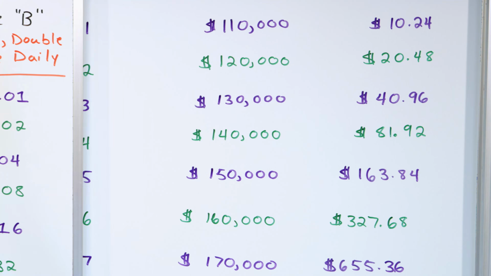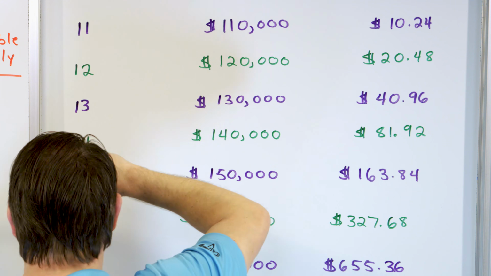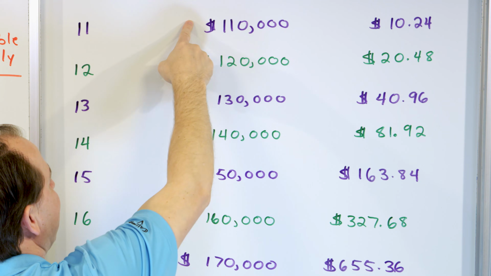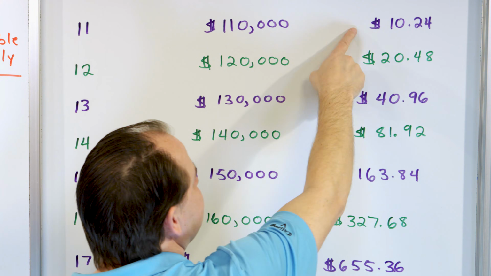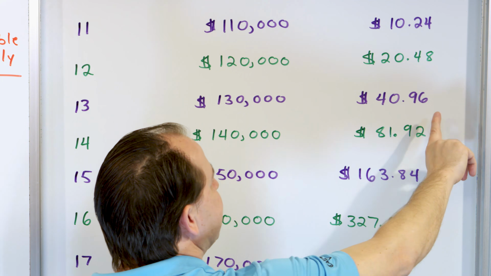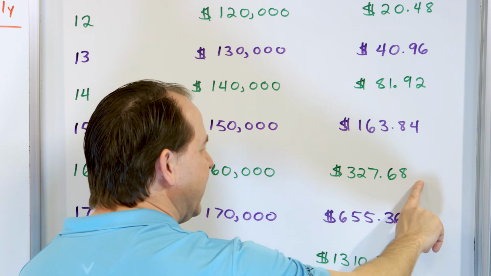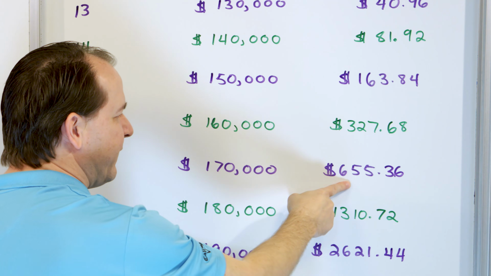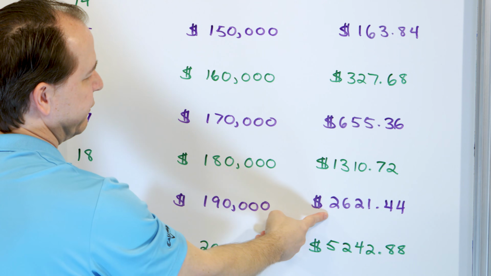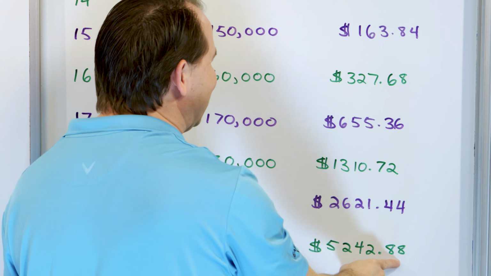All right, what's going to happen on day number 11? I'm going to have $110,000, but I doubled that $5.12 over here to get $10.24. Now in this column, I keep going down 10,000 a day, but in this column, I go from $10.24, $20.48, $40.96, $81.92, $163.84, $327.68, $655.36, $1,310.72, $2,621.44, and then $5,242.88.